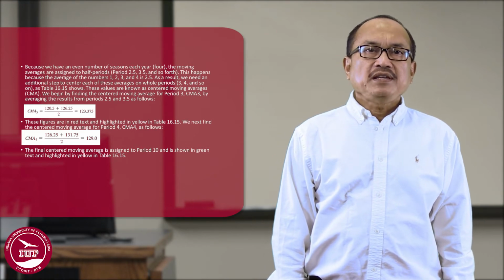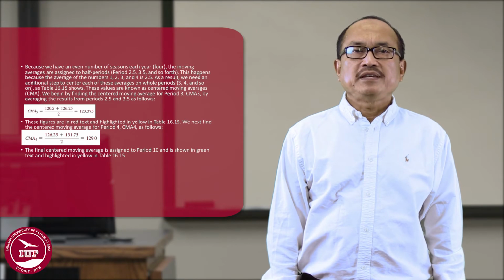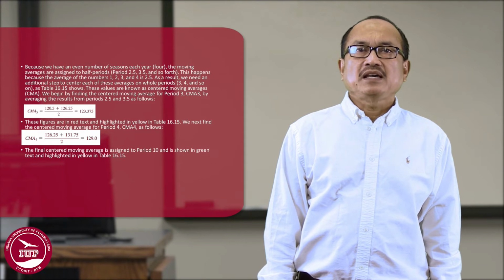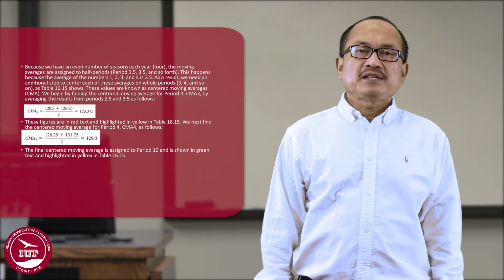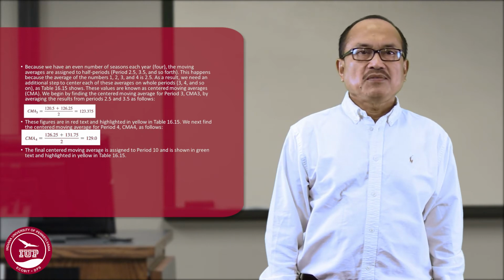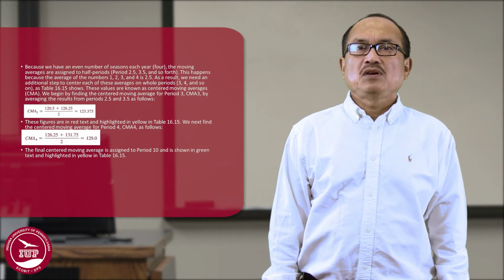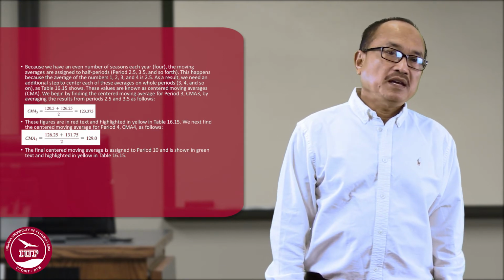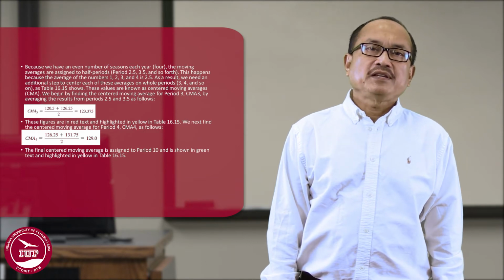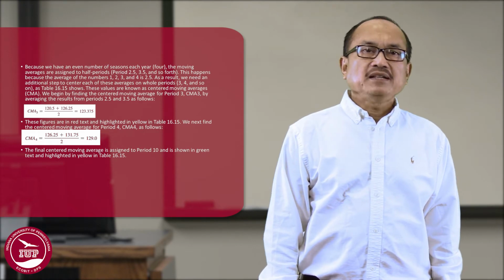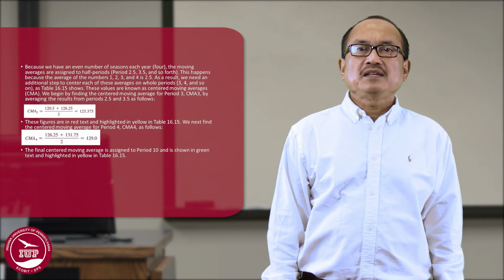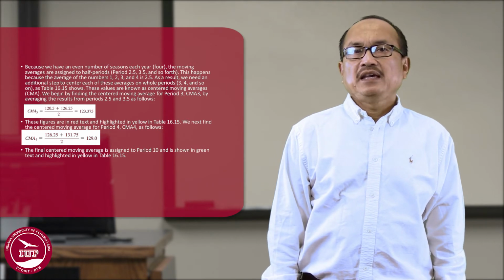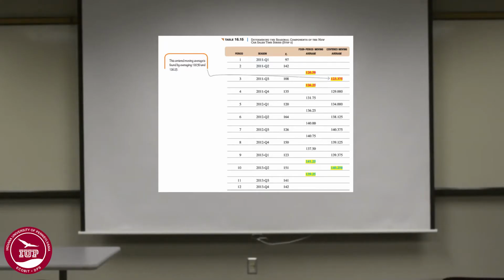CMA3 is equal to 123.375. These figures are in red text and highlighted in yellow in table 16.15. We next find the centered moving average for period 4, CMA4, as follows. CMA4 is equal to 129. The final centered moving average is assigned to period 10 and is shown in green text and highlighted in yellow in table 16.15.